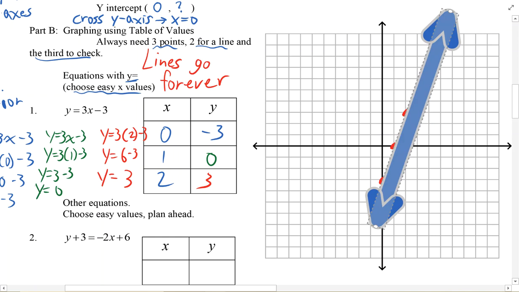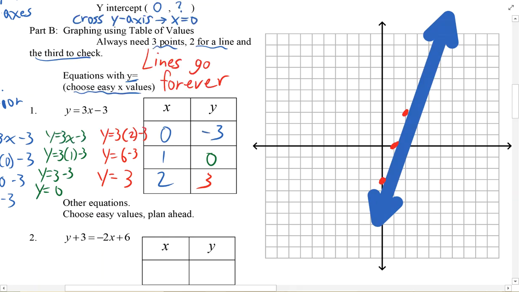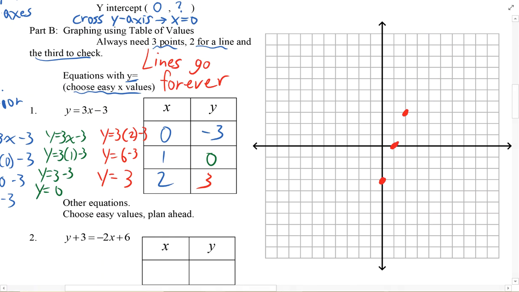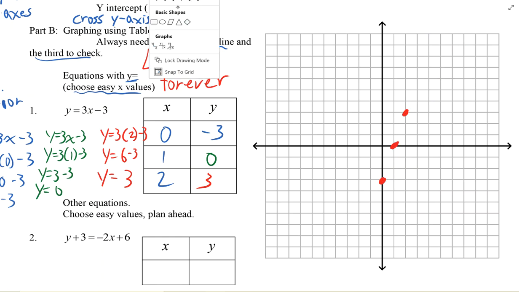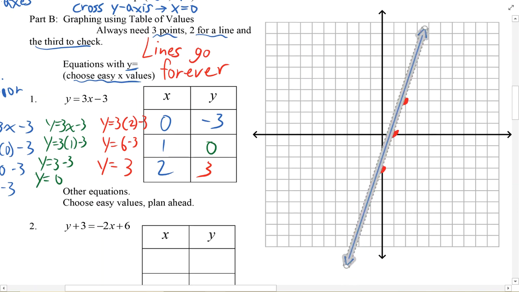Whoa, that's huge. Right there. Okay, let's try this again. There we go. So, arrowheads. Arrowheads tell us that it goes forever and ever.